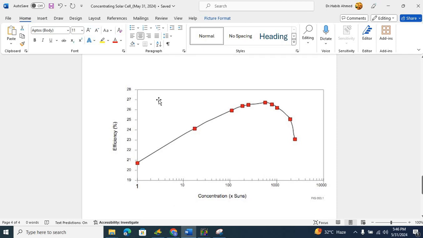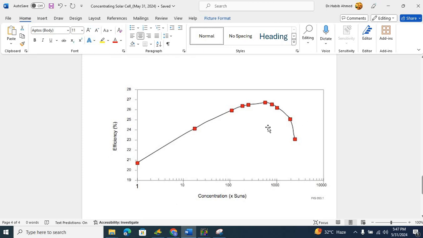Here is an example of the efficiency of an actual solar cell. So it is a monocrystalline silicon solar cell having an efficiency of approximately 21% at 1 sun under the AM 1.5 spectral conditions, which correspond to 1 kilowatt per meter square, or you can say 100 milliwatts per centimeter square.